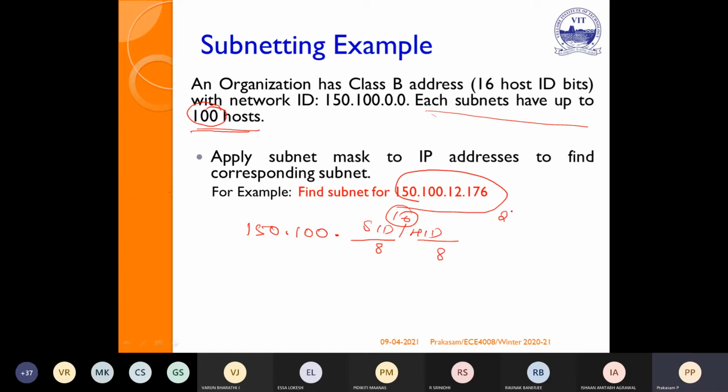So 2 power 1, 2 minus 2, 0. 2 power 2, 4 minus 2, 2. 2 power 3, 8 minus 2, 6. 2 power 4, 16 minus 2, 14. 2 power 5: what is 2 power 5?